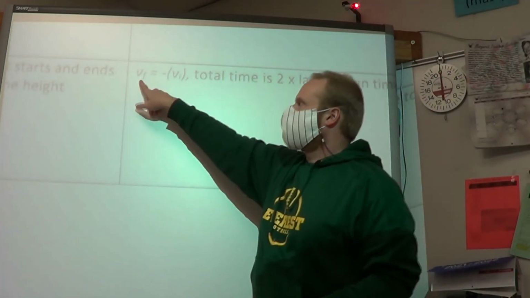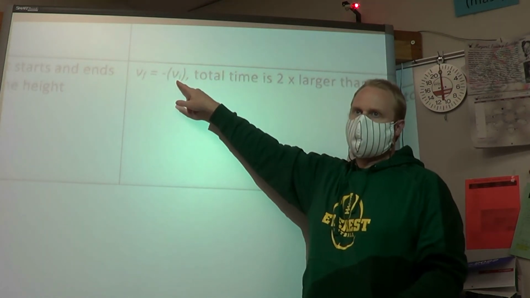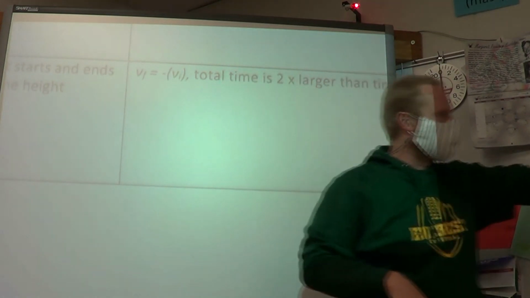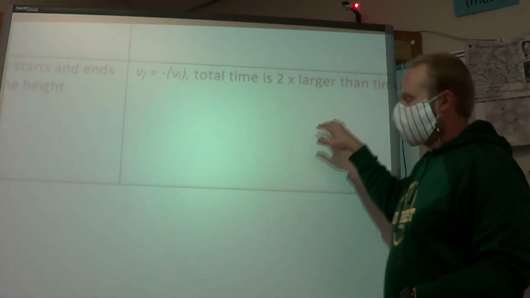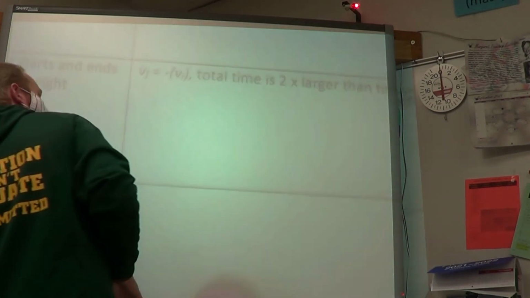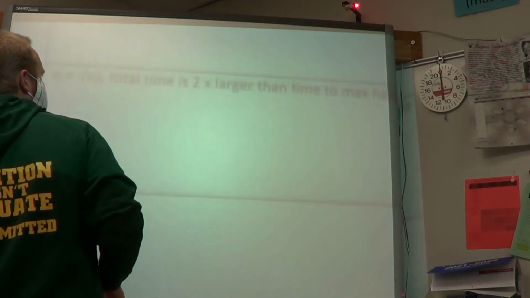This will be posted on today's agenda as well. It's not there quite yet. It does say my final velocity is equal to negative vi. So it's the opposite. Here vi was 1.7, now it's negative 1.7. And it says the total time is 2 times larger than the time to max height.